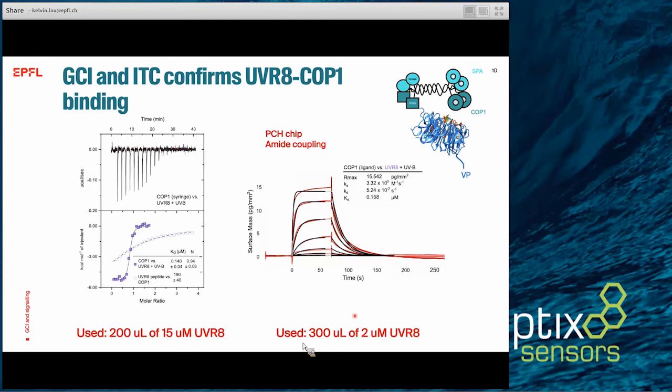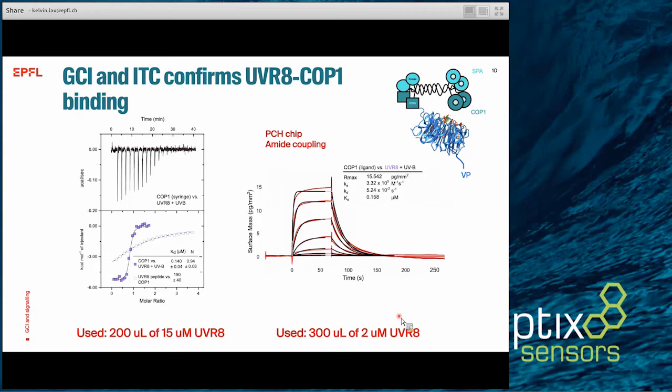However, for one set of data on the Creoptix WAVE system, I only needed 300 microliters of 2 micromolar UVR8. So a substantial reduction in the protein consumption, and that was very advantageous, so we could do more experiments.